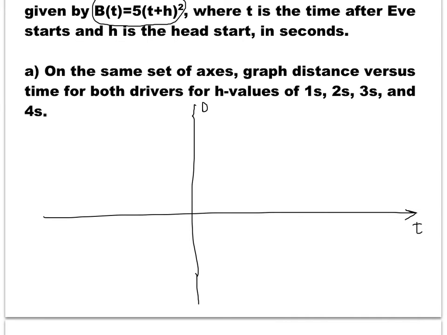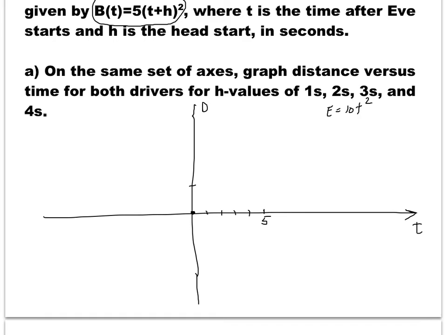Now I'm going to start plotting the equation of the distance for Eve, which is E is equal to 10t squared. Roughly, when t is equal to 0, E is 0, which is here. When t, let's say, is 5 seconds, then 5 squared is 25 times 10 is 250.